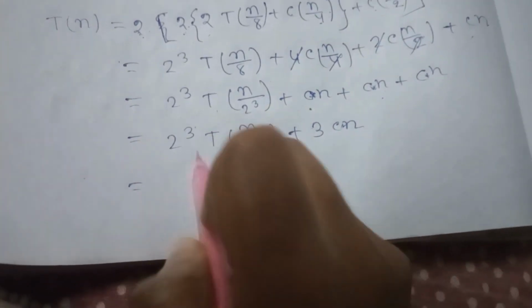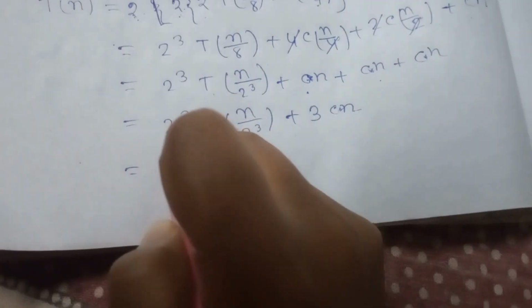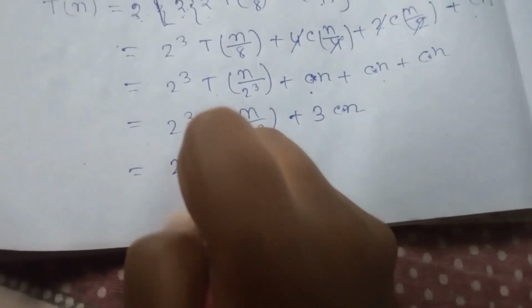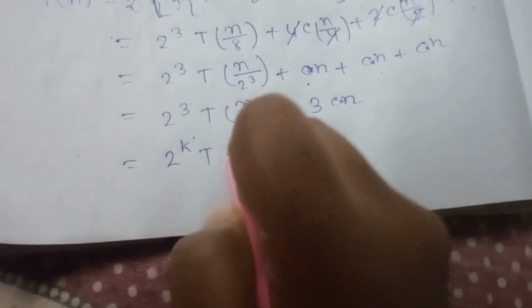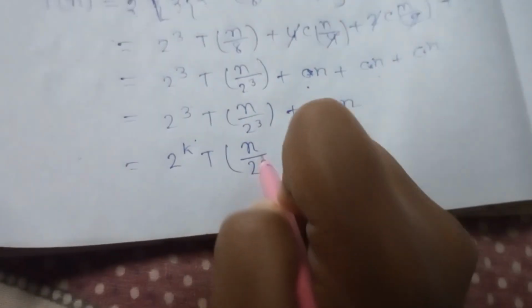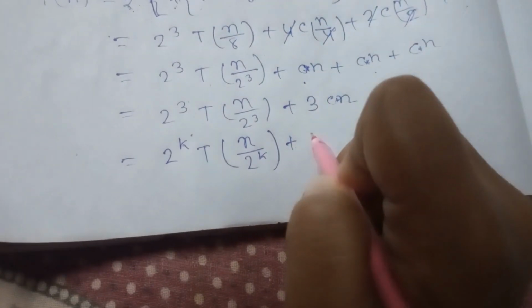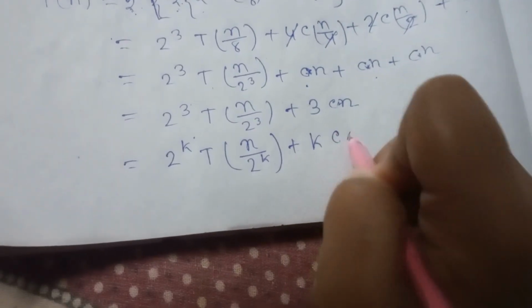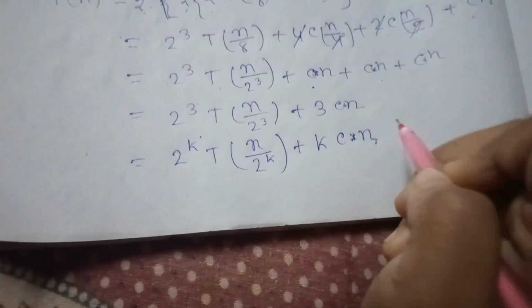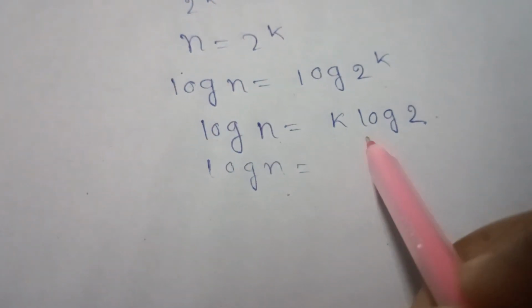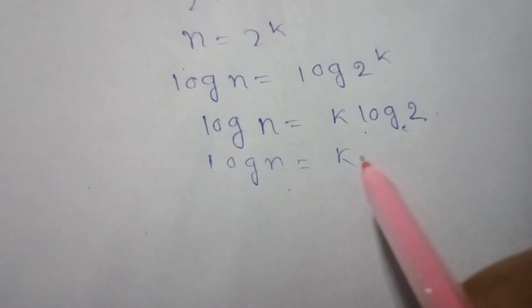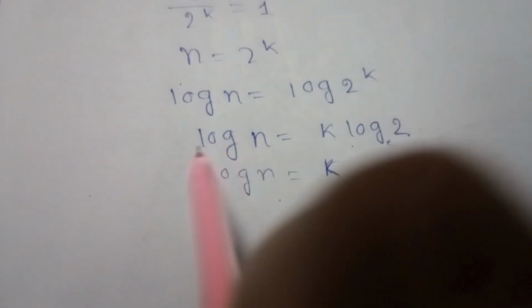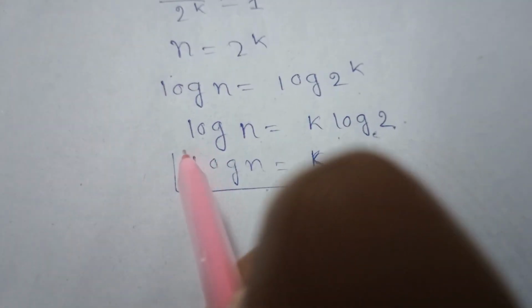Now we try to write it in the kth term. So 2 to the power k T(n by 2 to the power k) plus k C multiply n. As we know that log 2 base 2 is equal to 1, the value of k is equal to log n and n is 2 to the power k.